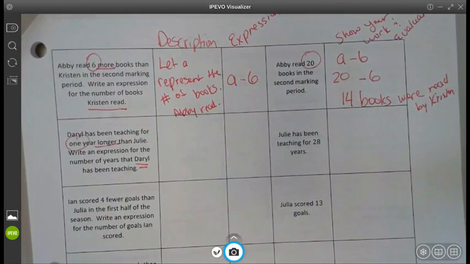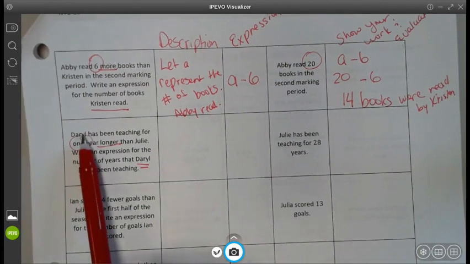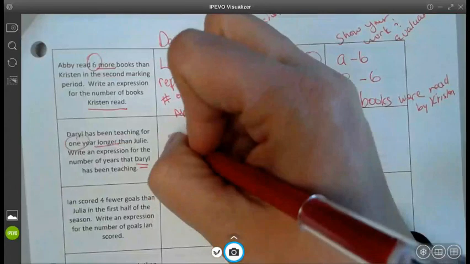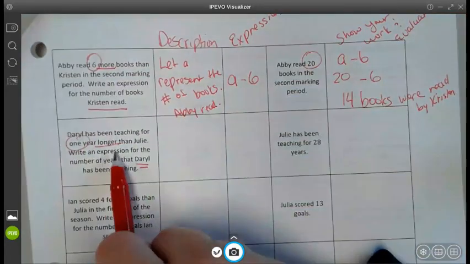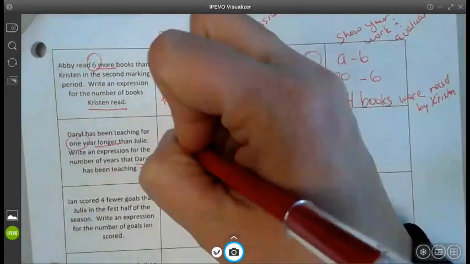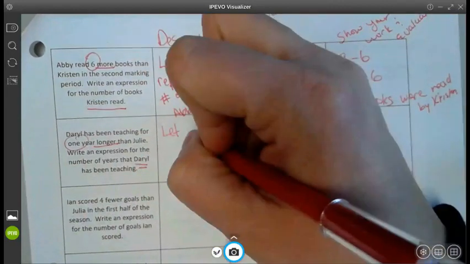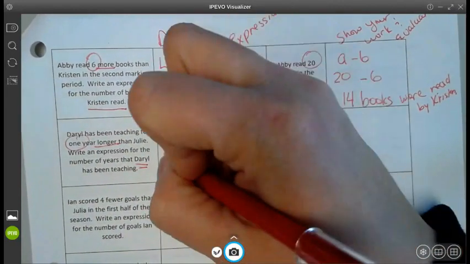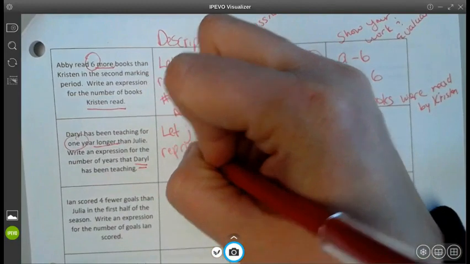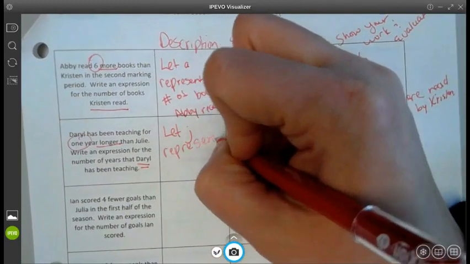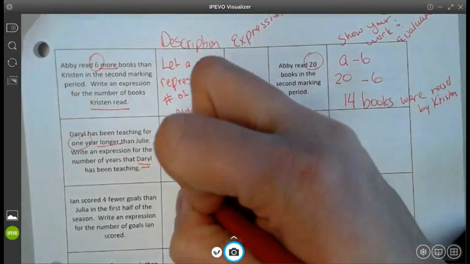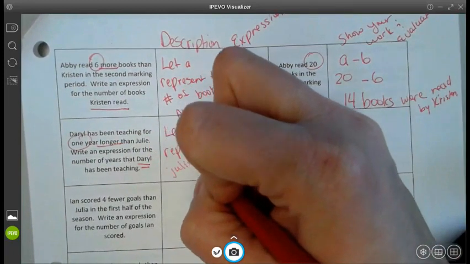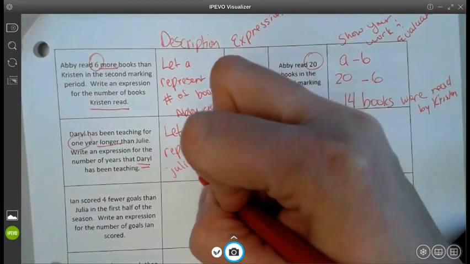So Daryl is going to equal 1 year longer than Julie. So Julie is the unknown variable here. We're going to let J represent Julie's years teaching.